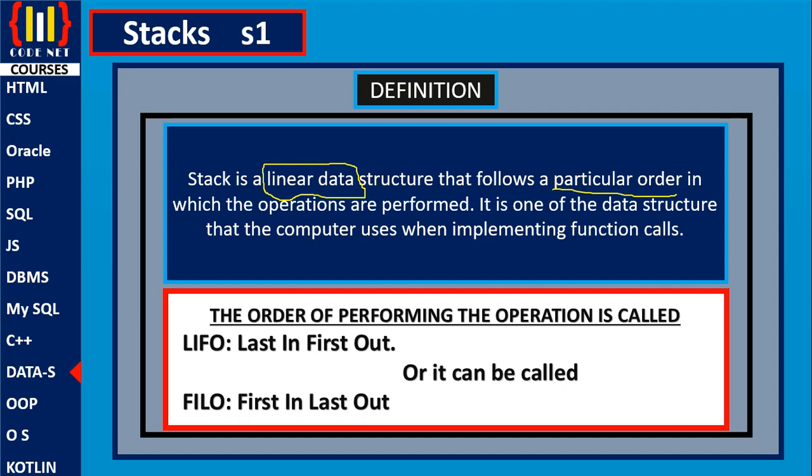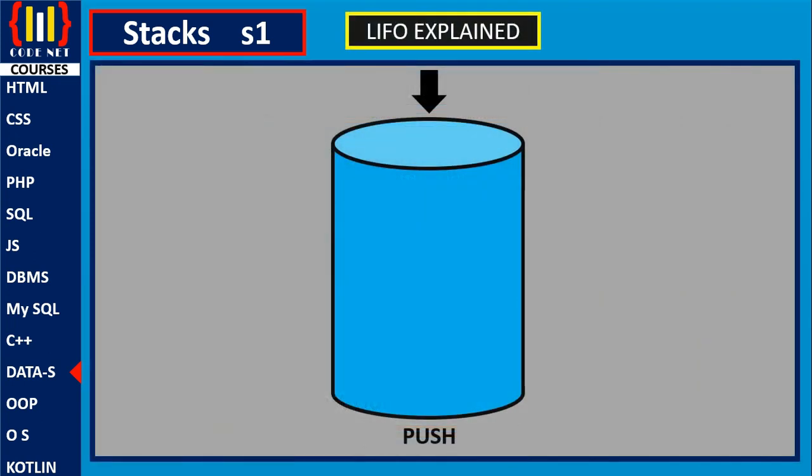Now, let's try our level best to understand what LIFO is as an order that a stack uses to perform its operations. We want to explain what last in, first out is. Imagine you are storing certain content in a container, let's say plates.